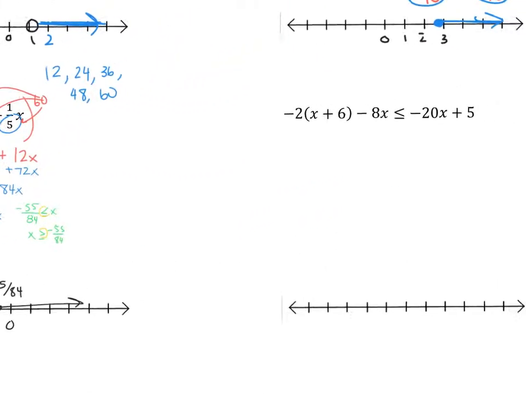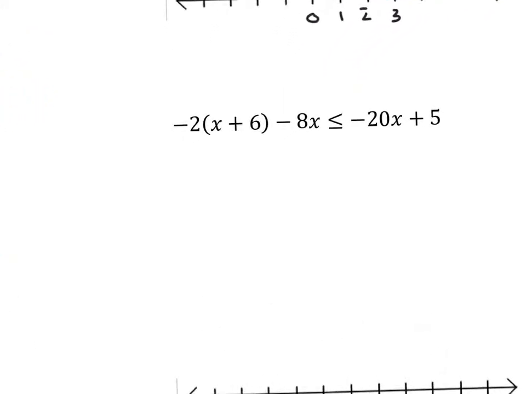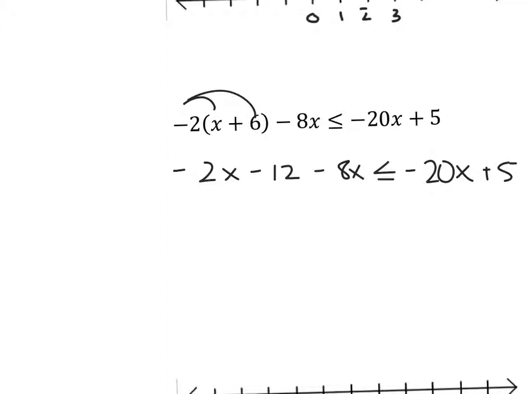Okay, fourth example, I'm going to do the distributive property. So negative 2x minus 12 minus 8x less than or equal to negative 20x plus 5. So negative 2x and negative 8x is negative 10x minus 12 less than or equal to negative 20x plus 5.